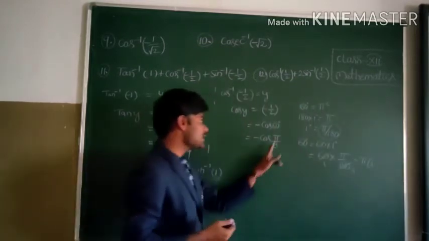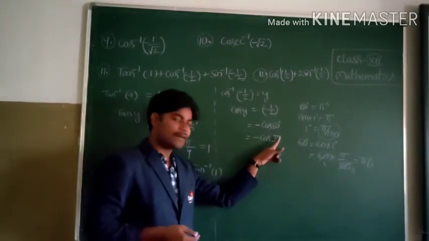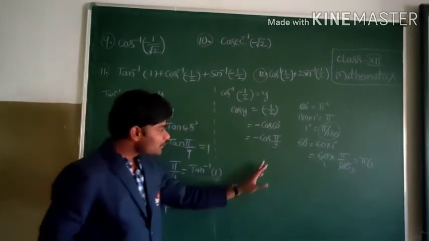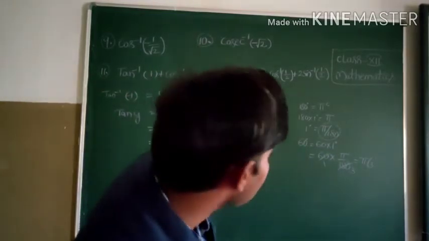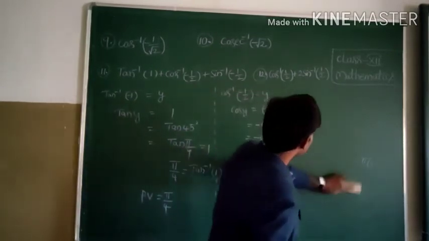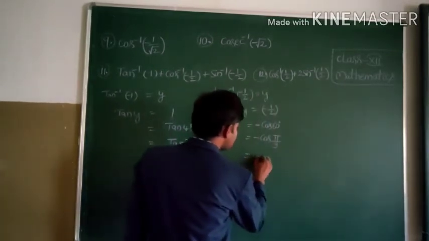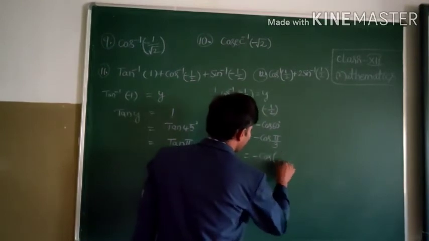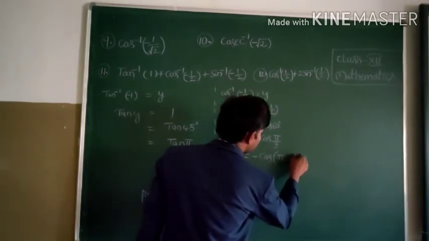That is the reason in place of 60 we wrote pi by 3 here. Clear? In this way you have to convert the degree measures in terms of radians, right?